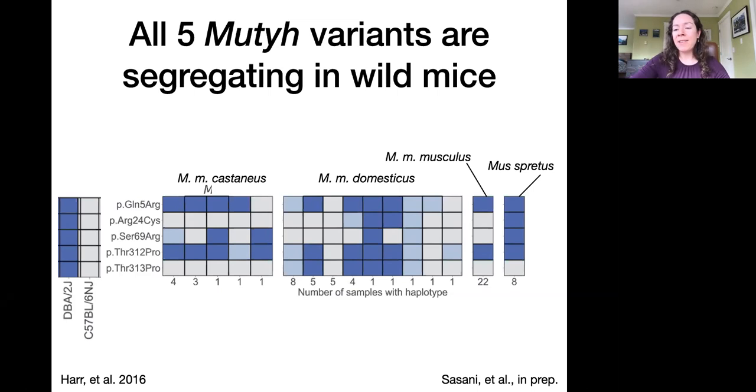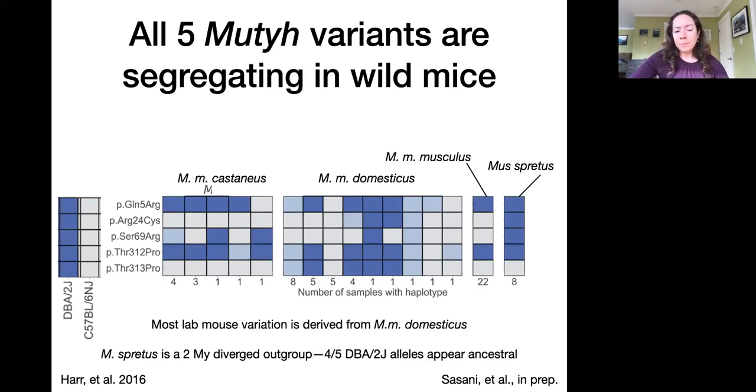And so you can see that this outgroup, Mus musculus musculus, is fixed at these sites, but domesticus has variation at all of them. And what's interesting is that musculus is a 2 million year diverged outgroup that is mostly reproductively isolated from the domesticus subspecies.